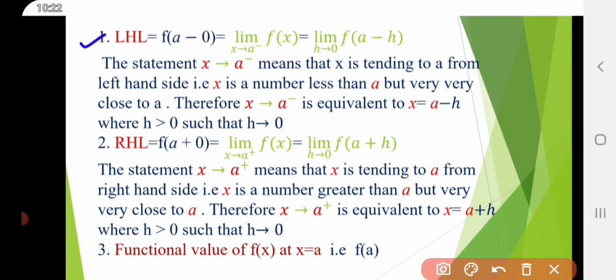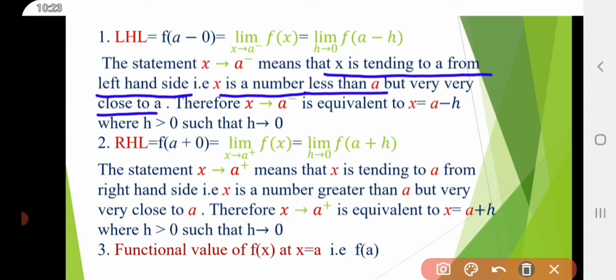The statement x tends to a minus means x tending to a from left hand side. That is, x is a number less than a but very very close to a.